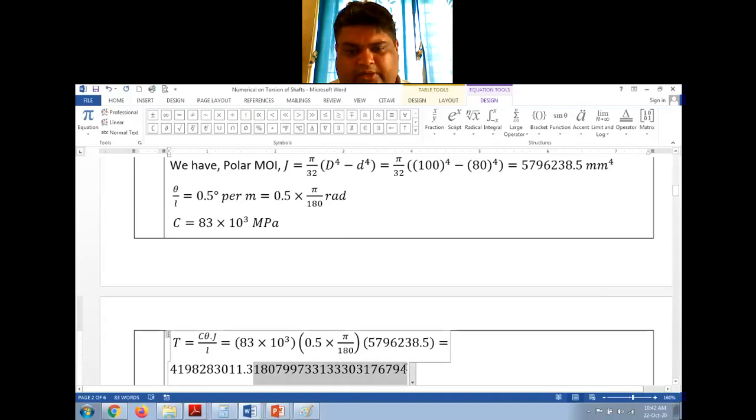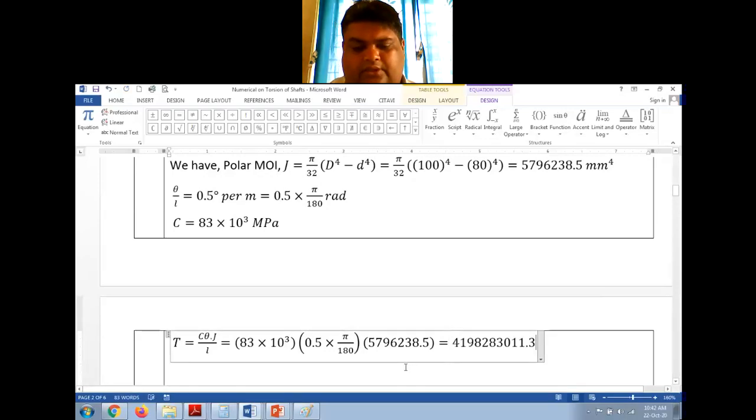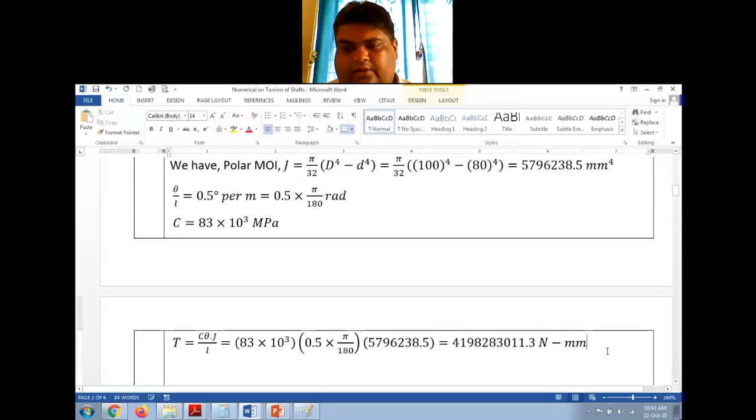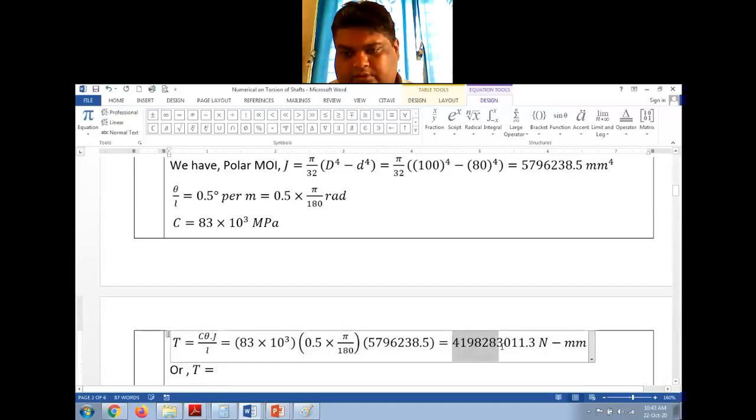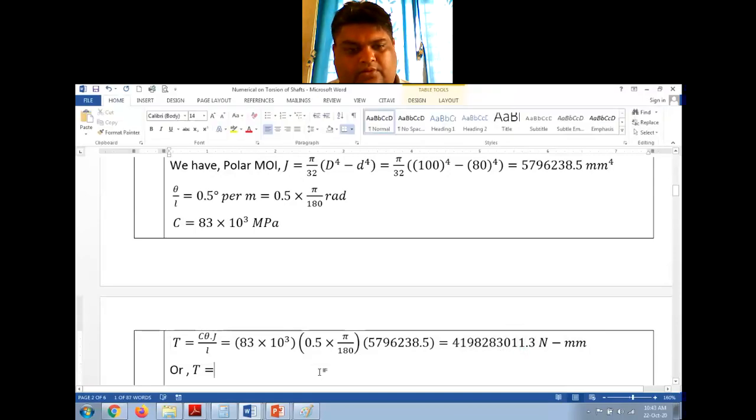I'll just keep one decimal, and this unit is Newton mm, or T is equal to, just shift 3 decimals, so it will be this much Newton meter.